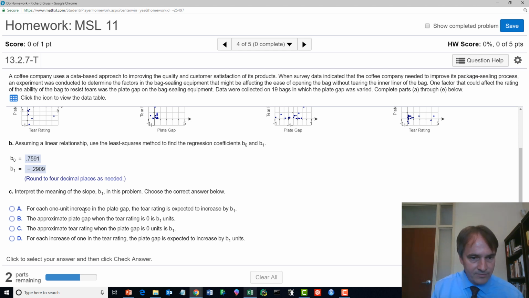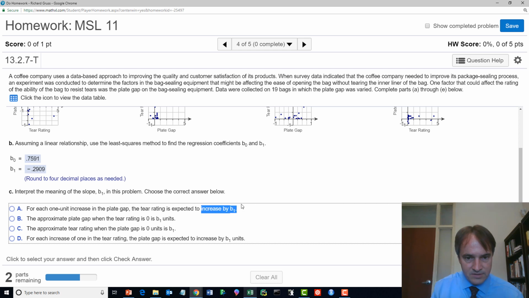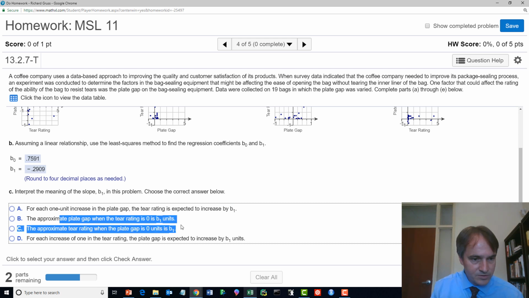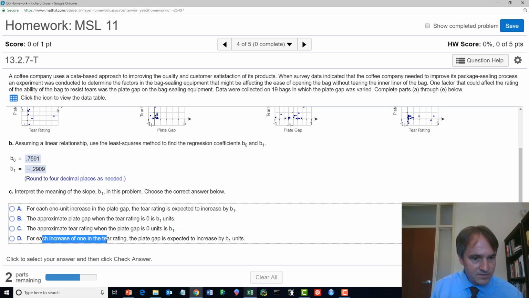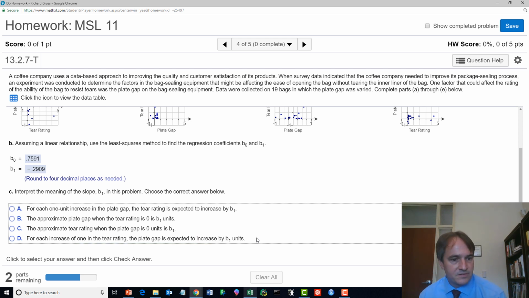Okay, so let's see what we have here. For a 1 unit increase, the tear rating is expected to increase by beta 1. For the approximate plate gap, these two are just wrong. For each increase of 1 in the tear rating, the plate gap is expected to increase by beta 1 units. Okay, so this reverses the dependent and independent variable.